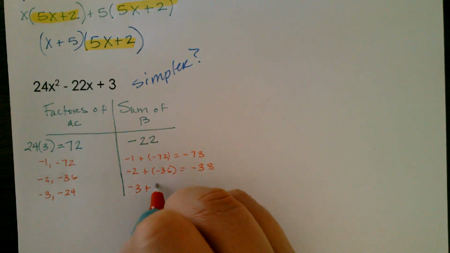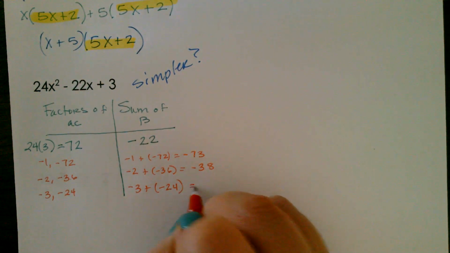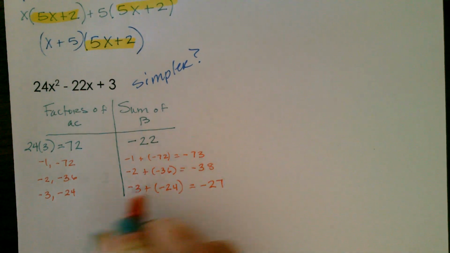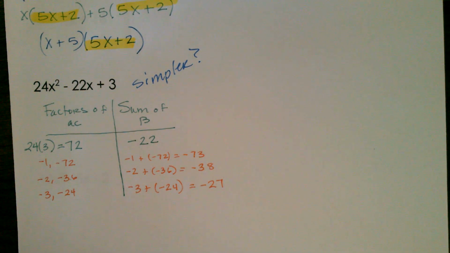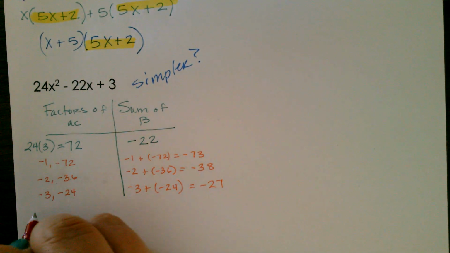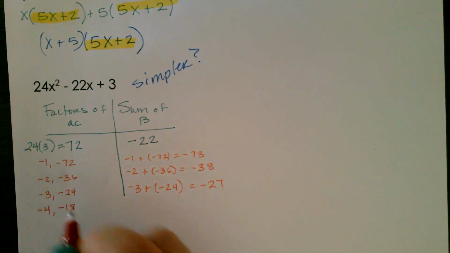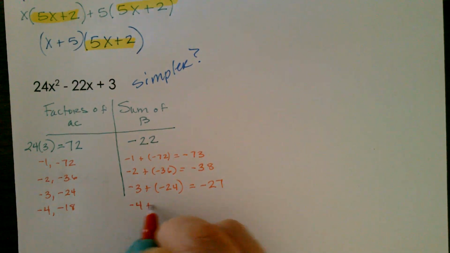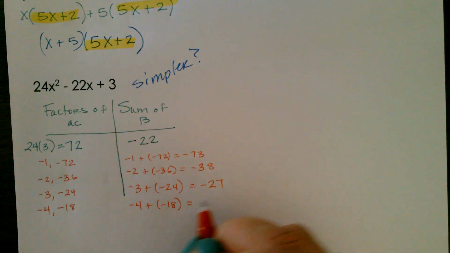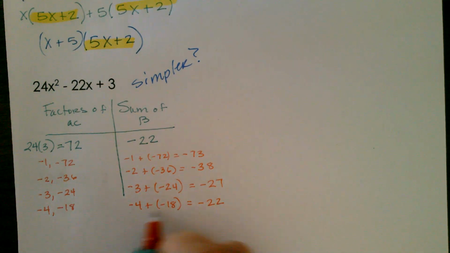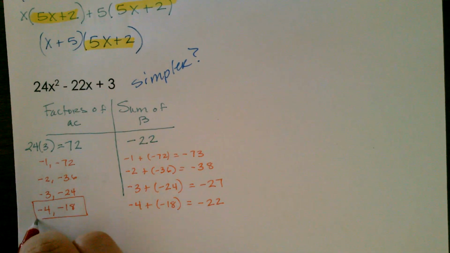If I add now these together, I get negative 27. I am getting closer, but not close enough. Ooh, 4 goes into 72 18 times, so negative 4 plus a negative 18. There it is. That is what I'm looking for.